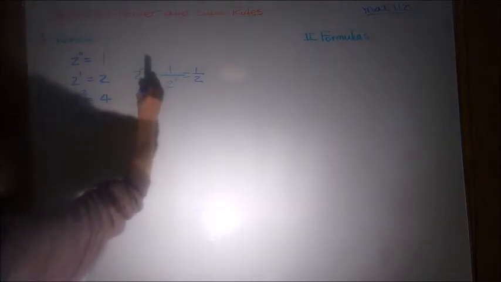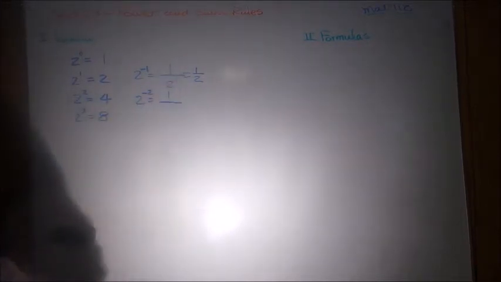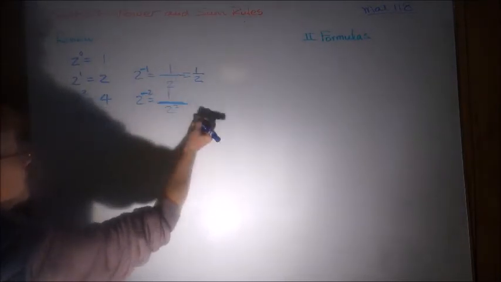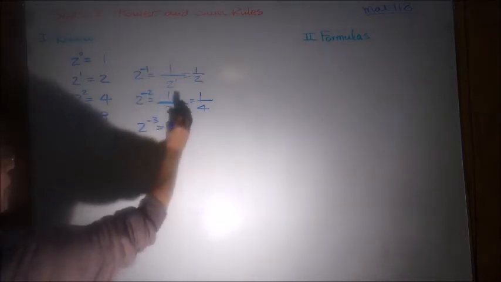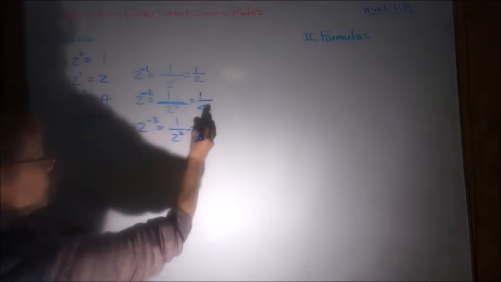And 2 to the negative 2 power would be what? Reciprocal. So you interpret this negative power as the reciprocal, then that would be 1 over 2 to the second power. So it would be what? 1/4, right? And 2 to the negative 3 power would be what? 1 over 2 to the third power, that will be 1/8.